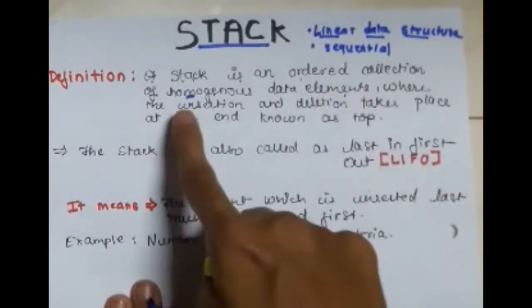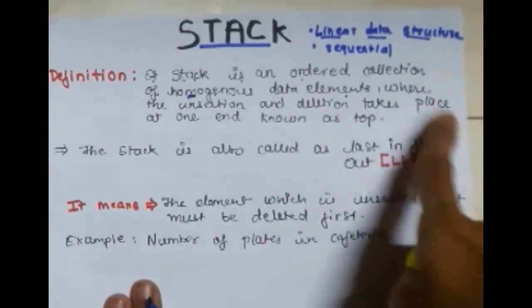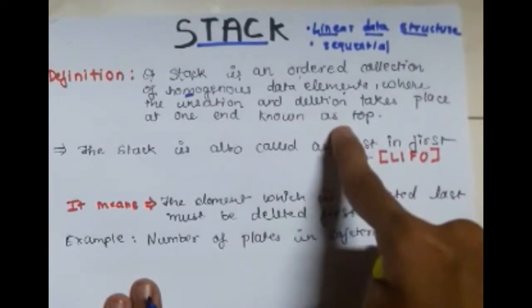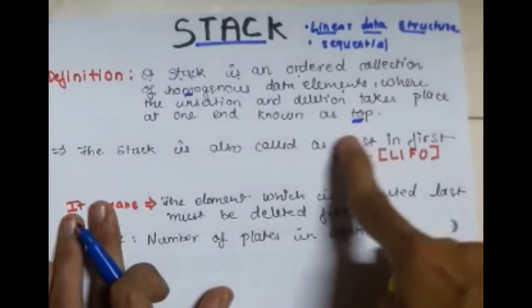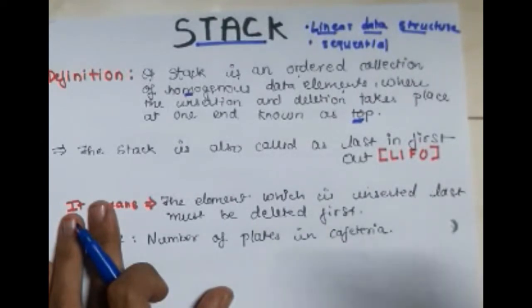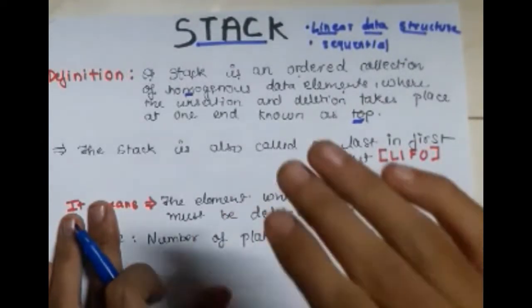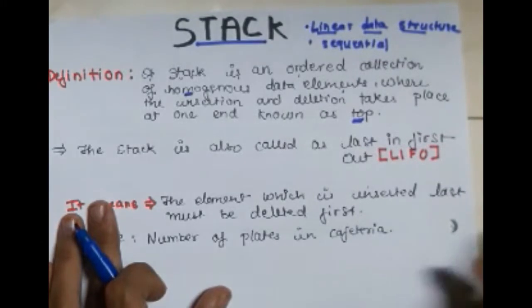Where the insertion and deletion takes place at one end known as top. There is one single end known as top end, and this single end is responsible for inserting an element into the stack and deleting an element from the stack.